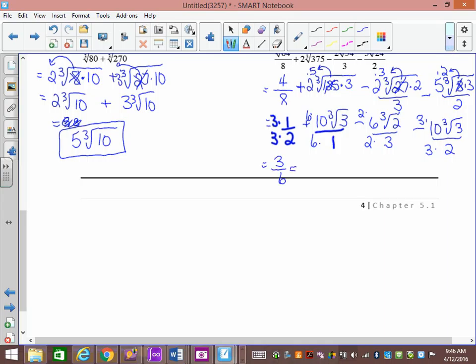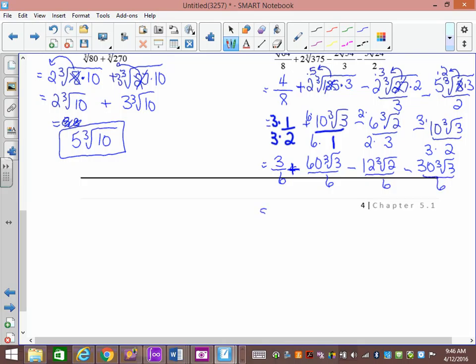This one I'm going to get 60 root 3 over 6 because you just multiply the coefficient by the number. So it's 60 cube root 3 over 6 minus 12 cube root 3 over 2 over 6 minus 30 cube root 3 over 6.